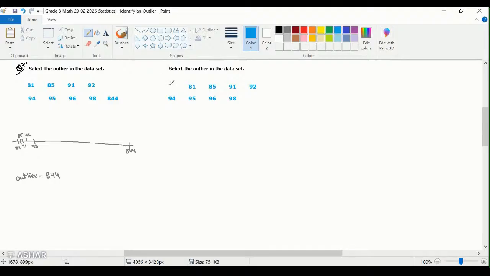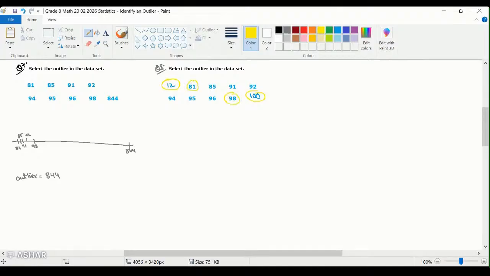If this was 12 and this was 100. Question number 8. What should be the outlier in this given information? If the smallest number given to us was 12 and the largest number was 100, we need to see the difference between the adjacent numbers.